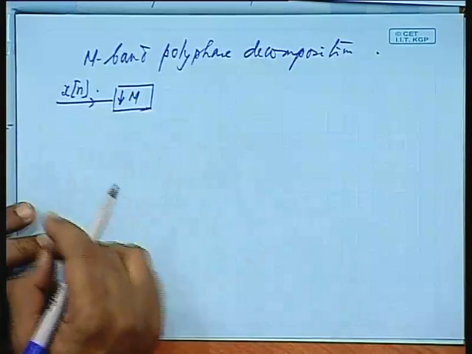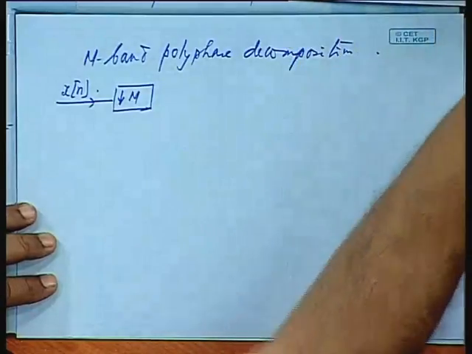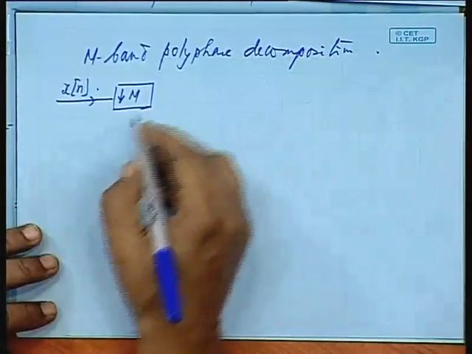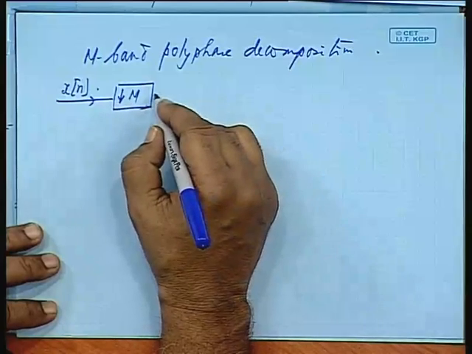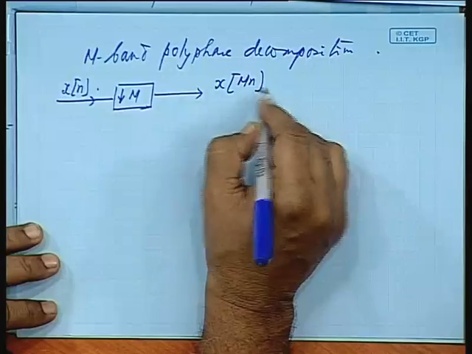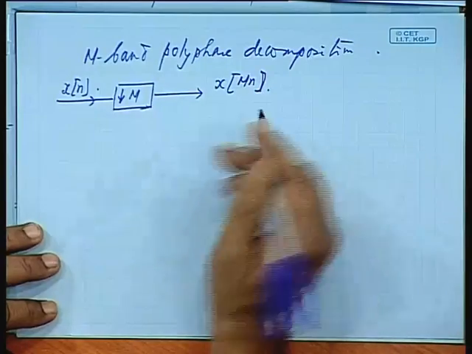Downsampler does what? You are picking up only the mth terms in the given sequence. So, we are downsampling by m. This will give me the terms x mn, all right, every mth term.